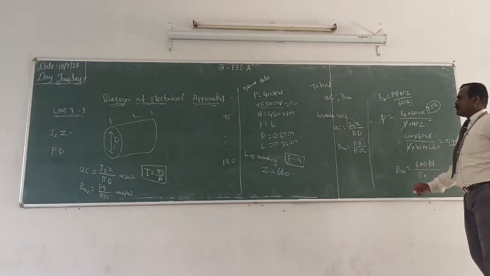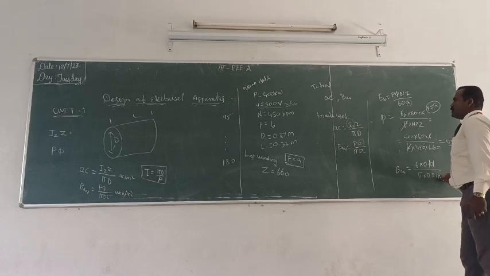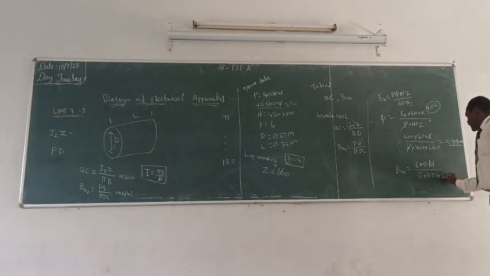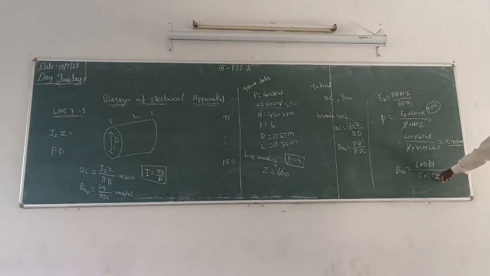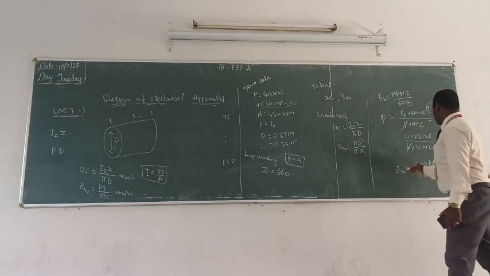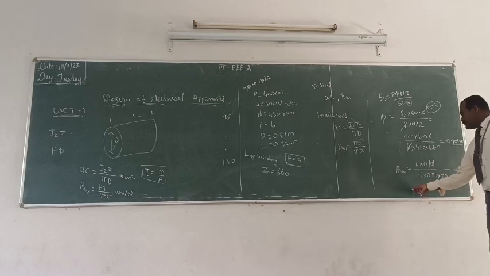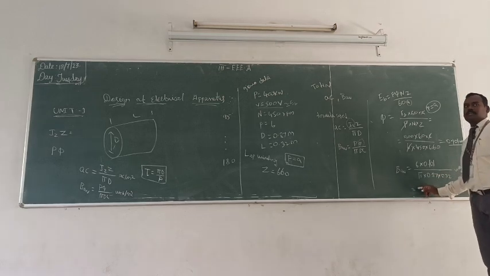The diameter they are given, 0.87, into 0.32. They are given in meters itself, so you don't need to multiply anything. If you obtain this value, that is in Weber per meter square. So you can obtain and find the value. What is the value coming here?